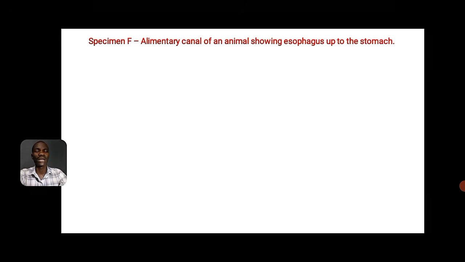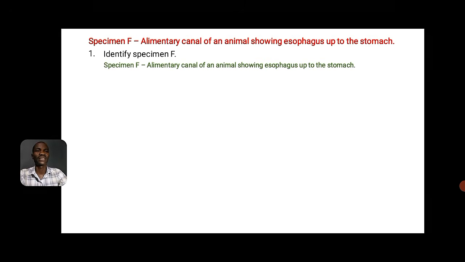You might also see a little form of duodenum, that's the little part of the small intestine. But there is no small intestine or large intestine or any other part. That is one thing that you need to pay attention to. So identify specimen F, that is the alimentary canal of an animal showing the esophagus up to the stomach.